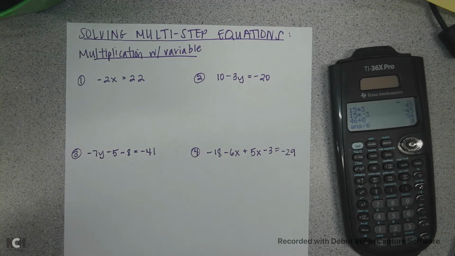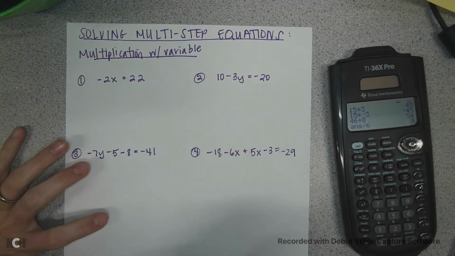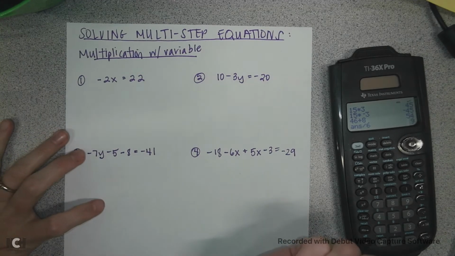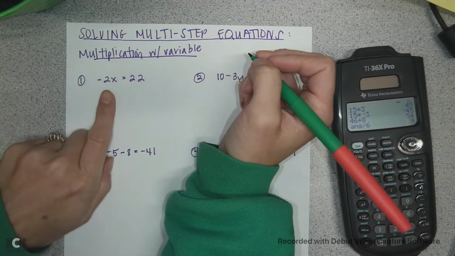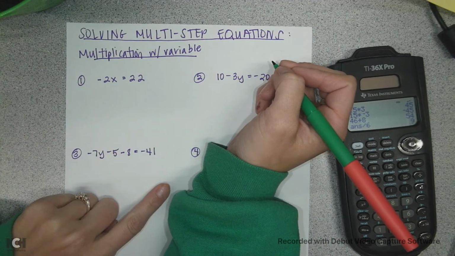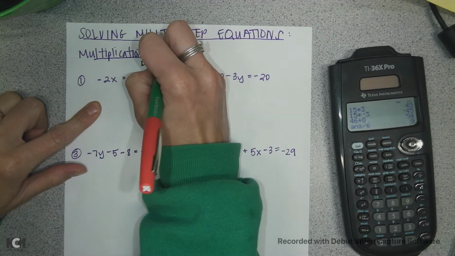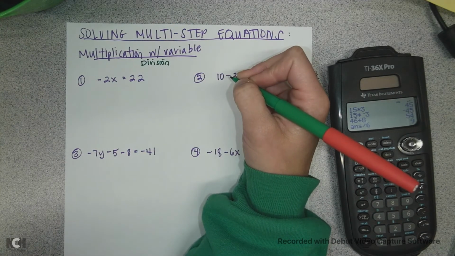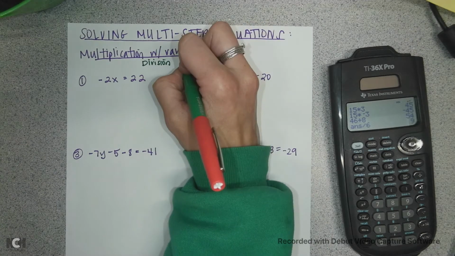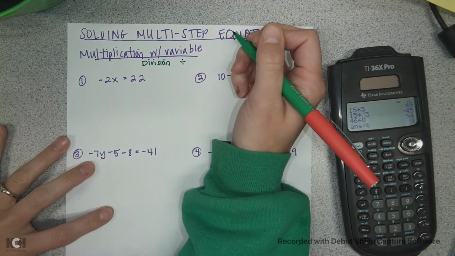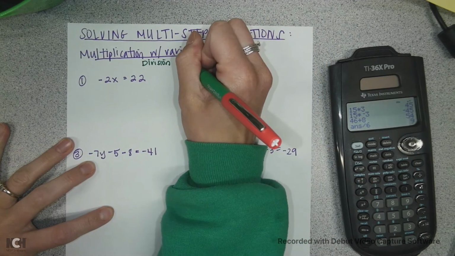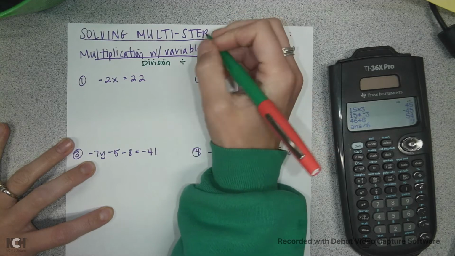Okay, so the first thing that we need to do when we're solving equations is think about opposites. Right now we're doing a lot of multiplication, so the opposite is division. In higher level math like this class, division isn't written like this, except kind of. This symbol is the same thing as a fraction.